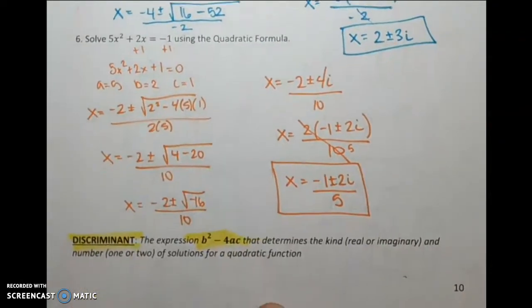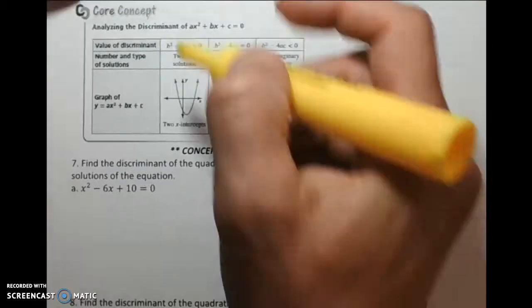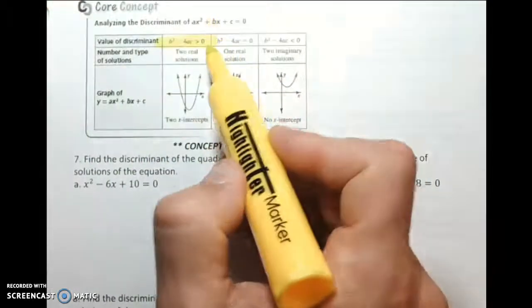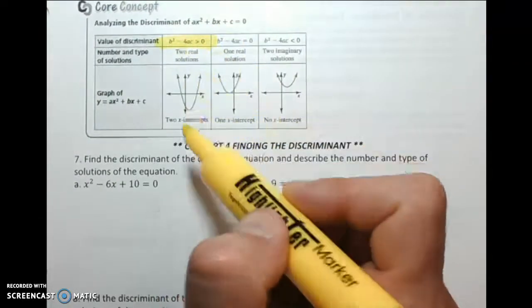Alright, keep on going. The next part is the discriminant. This expression, b squared minus 4ac, is what's underneath your radical in the quadratic formula, and it determines the kind of solution of the quadratic, real or imaginary, 1 or 2, just like we showed in all 3. If I flip the page, if b squared minus 4ac is greater than 0, like 16, then I take the square root of 16 and get 4.